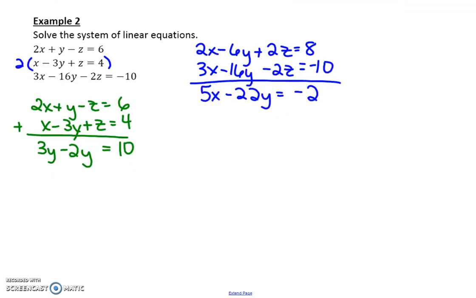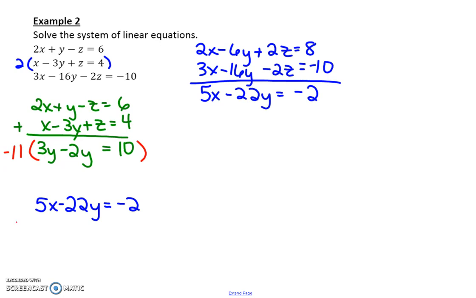If I look at the 2 that I just found, I can take my 5x minus 22y equals negative 2. And then if I take the first equation that I found and I multiply that by 11, that'll get my y's to cancel. And so I get, I'm sorry, negative 11, because I want that to be 1 positive, 1 negative for the y's.